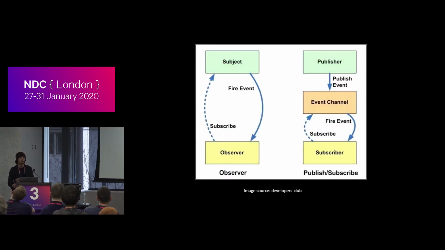I'm assuming you have encountered pub/sub design at some point. To differentiate observer from publish, subscribe, observers are aware of the subject. Here it is. Also, the subject maintains a record of the observers, whereas publisher, subscriber, they don't need to know each other.